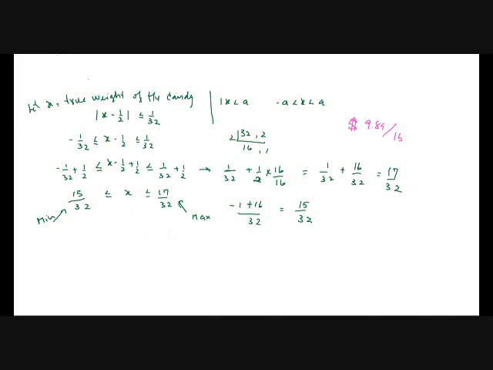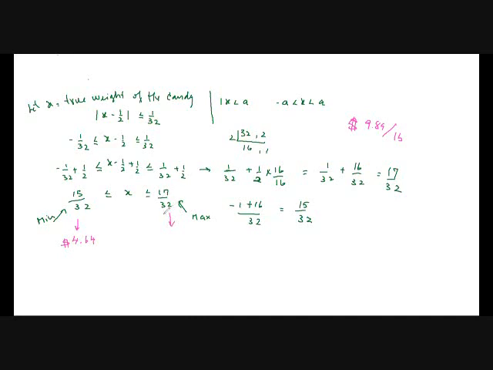So this is the weight, then you multiply it by 9.89 to get the cost. If we use 15 divided by 32 and times 9.89, you will have approximately $4.64.